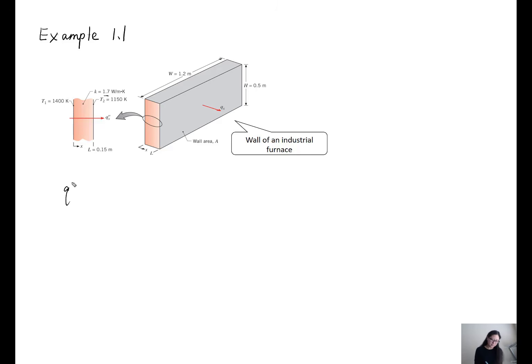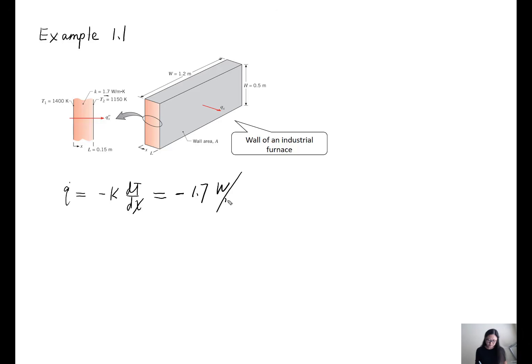So heat flux is negative K dT/dx. Negative K is 1.7.